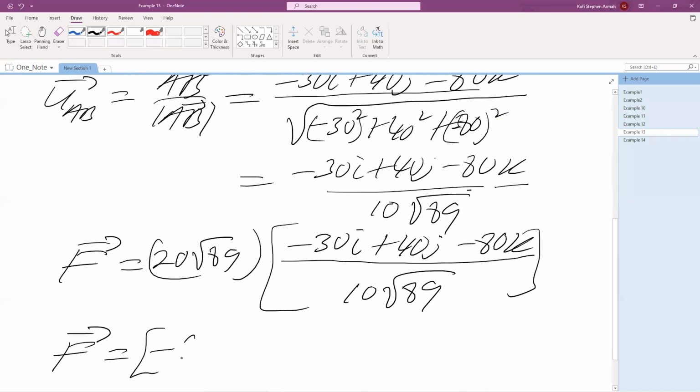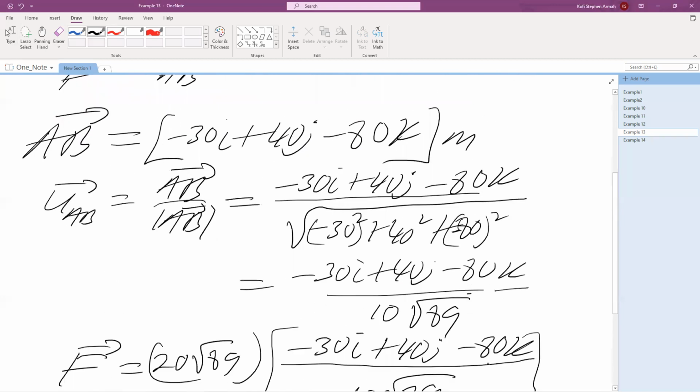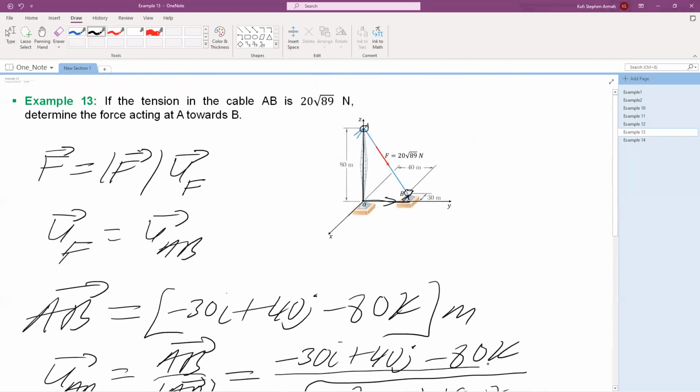If you do that, you're going to get minus 60I plus 80J, and then minus 160K, and then we're done, in newtons. So that is the force in the cable in IJK form. Take note.